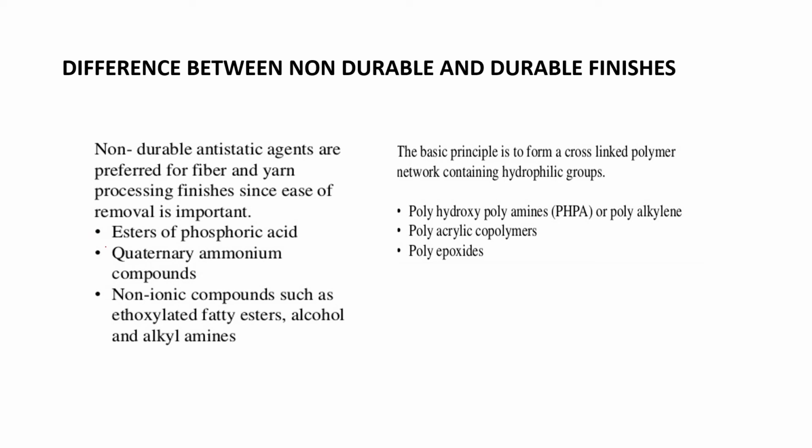For that they use polymers or finishes with esters of phosphoric acids, quaternary compounds, and non-ionic compounds such as ethoxylated fatty esters and alcohol alkyl amines. For the durable finishes, the basic principle is to form a cross-linked polymer. Here polyhydroxyl polyamines, polyacrylic polymers and polyepoxides are used.